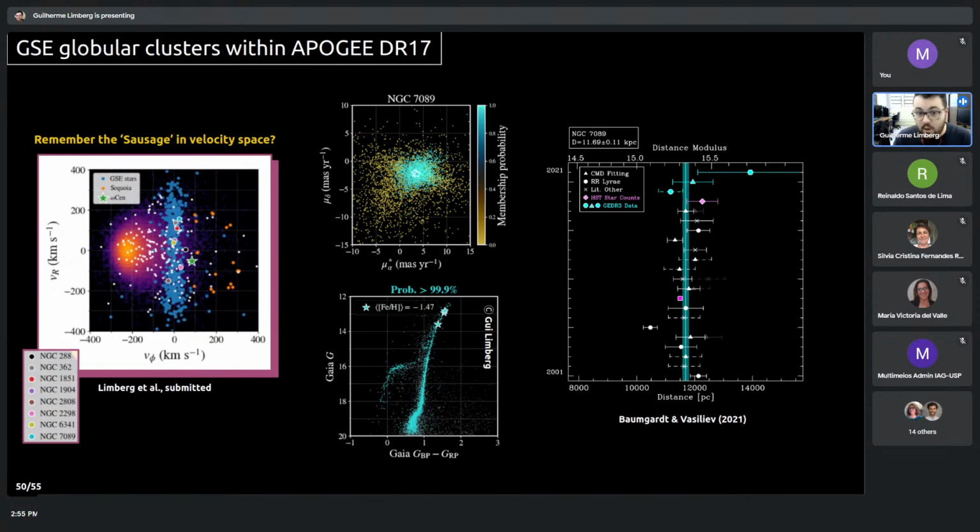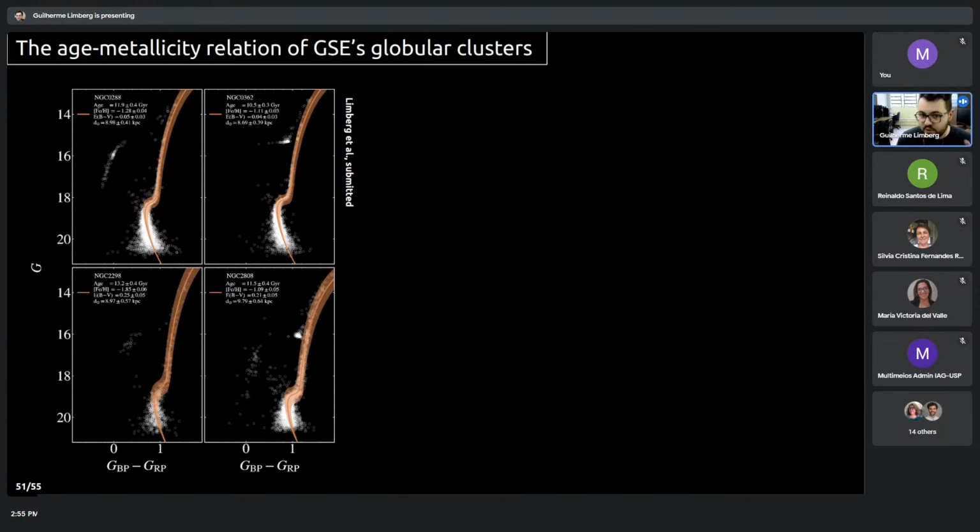And this is exactly what we have done. This is an example for a few of the globular clusters that we analyzed. We analyzed 8 globular clusters associated with Gaia-Sausage that have APOGEE data, utilizing these APOGEE metallicities and the distances from Gaia as priors to the determination of the ages of these globular clusters via isochrone fitting.